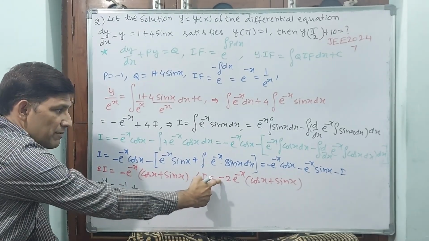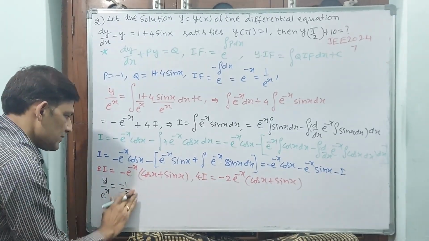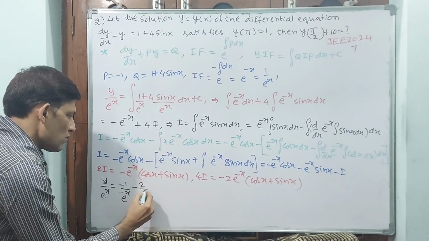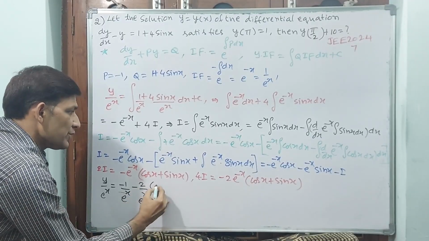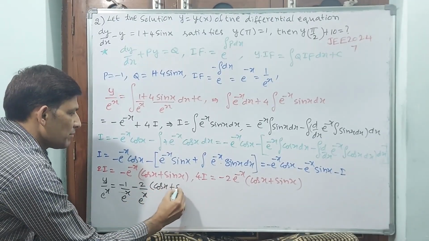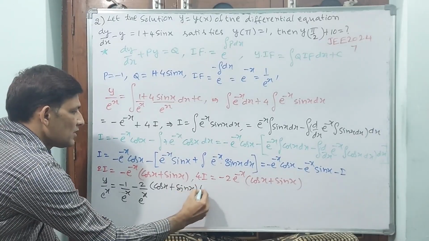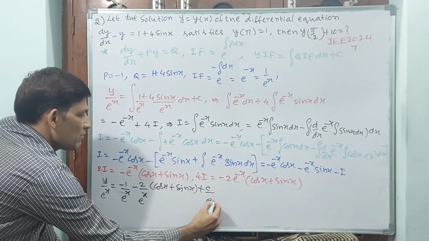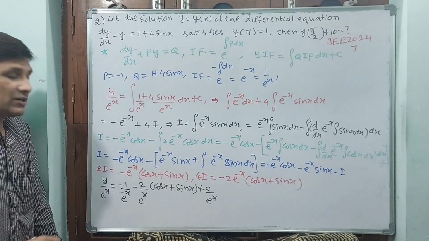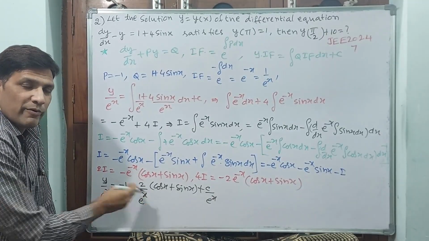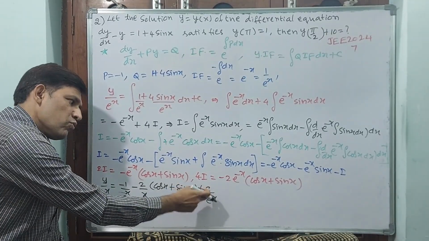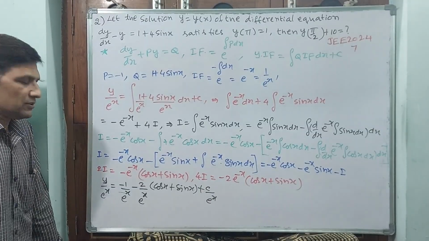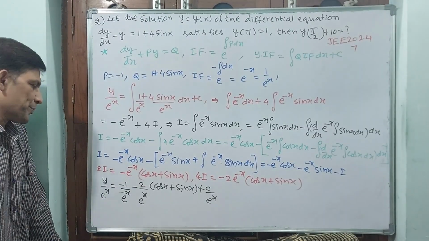Plus 4I means here the 4I value has a minus: minus 2 by e power x into cos x plus sin x, plus c by e power x. Why have I taken c? Whenever you get both sides log or e power x, put the constant c also. That practice we have to do.